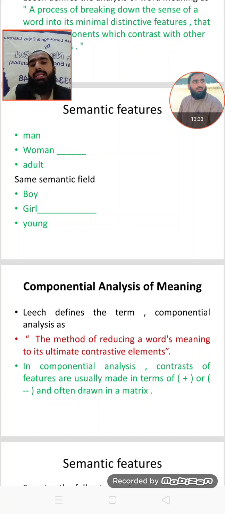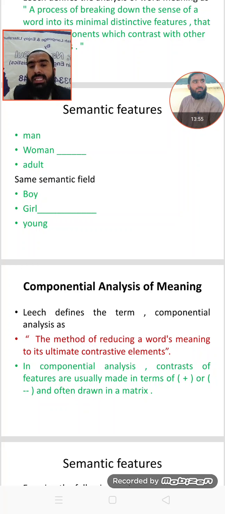Likewise, boy, girl and young. The absence of boyhood, like maleness, is there in girl; this is again a contrastive analysis of boy and girl.